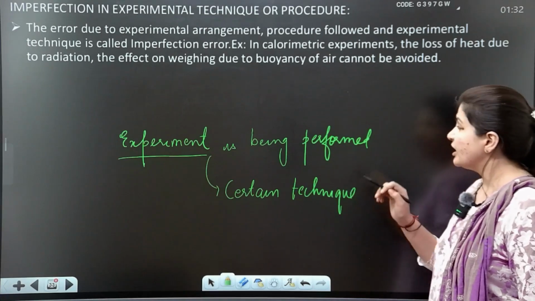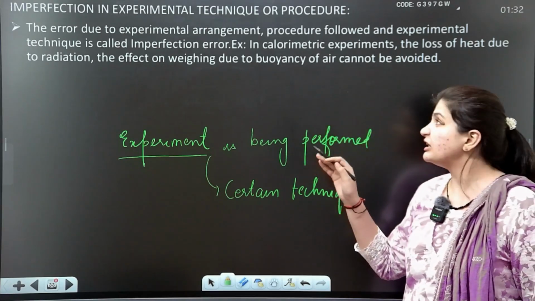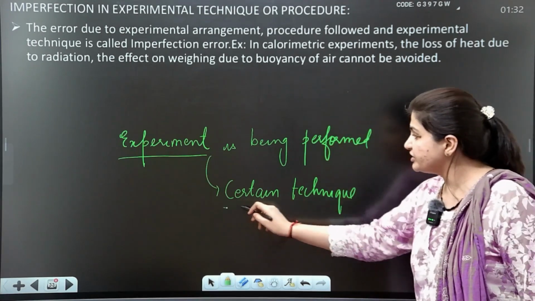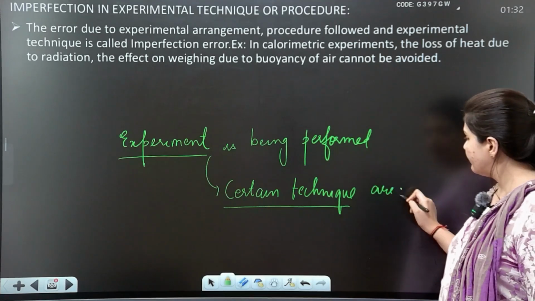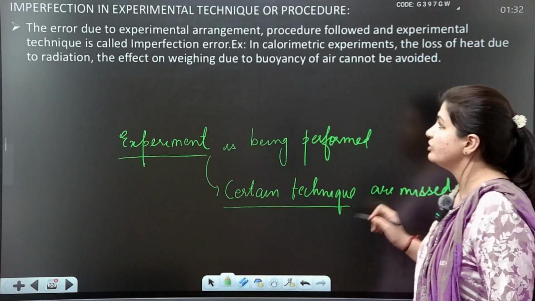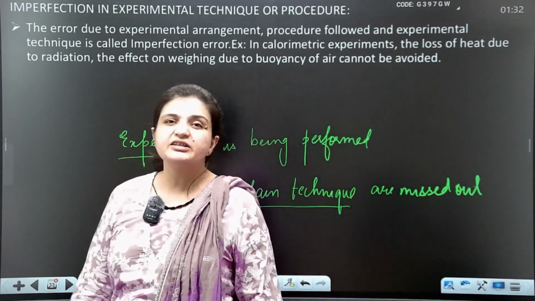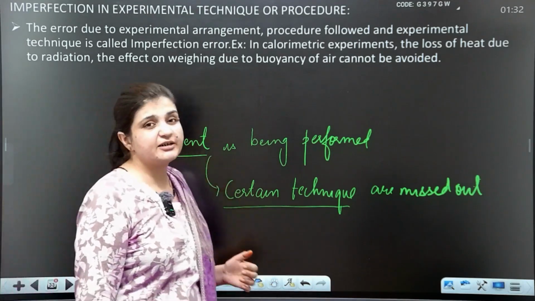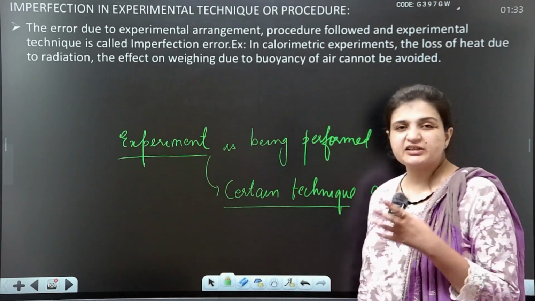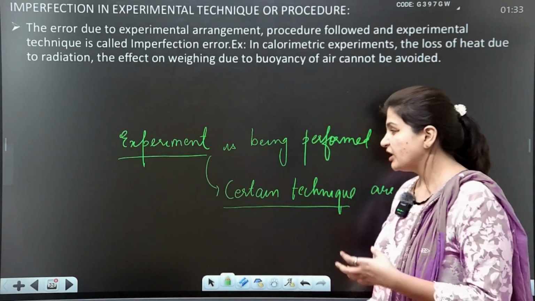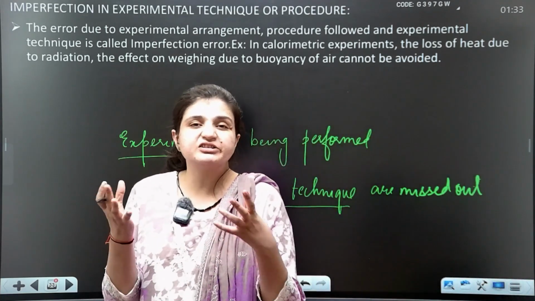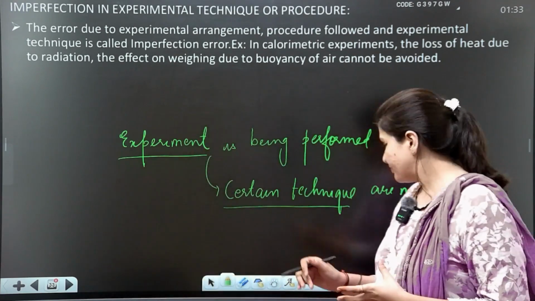It is due to the imperfection in the technique. That is called the imperfection in the experimental technique or procedure: when we are performing an experiment and missing out certain techniques.